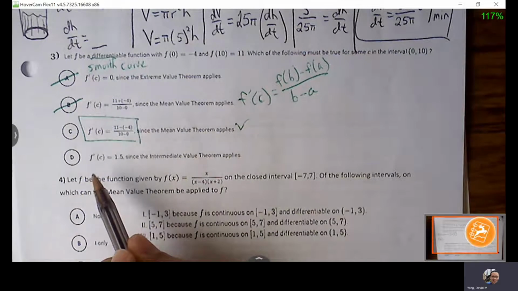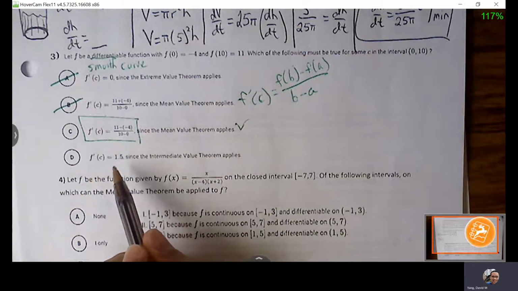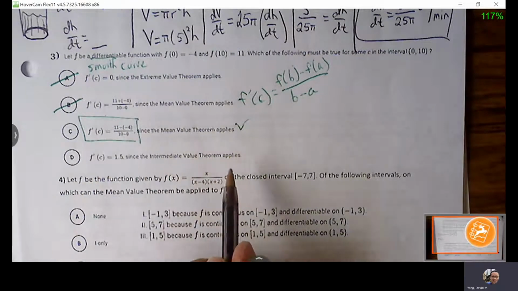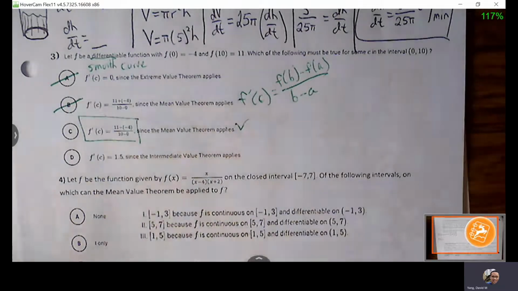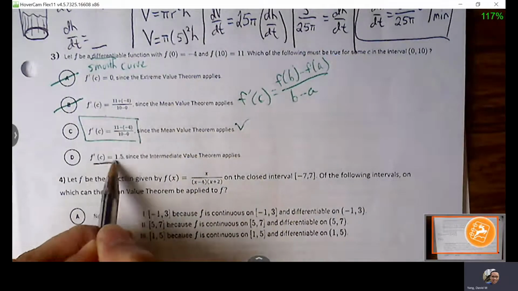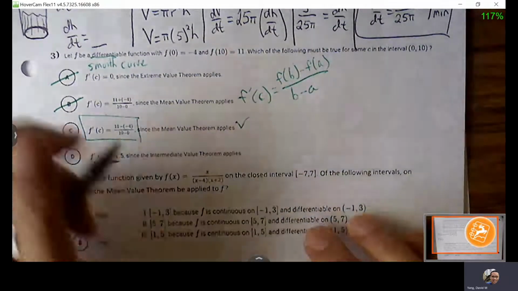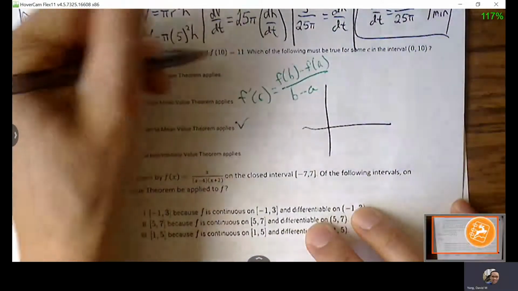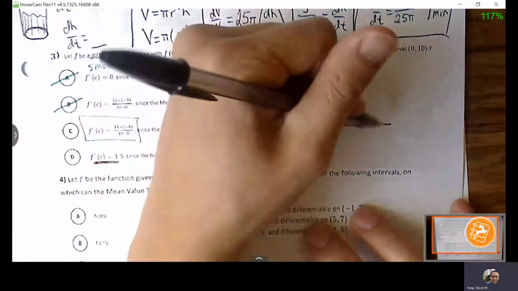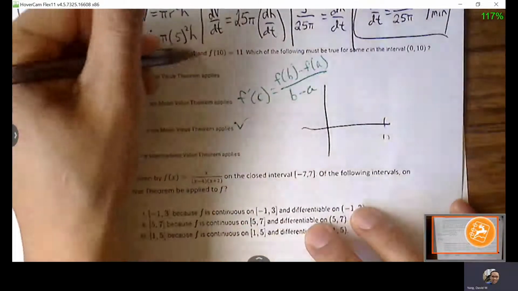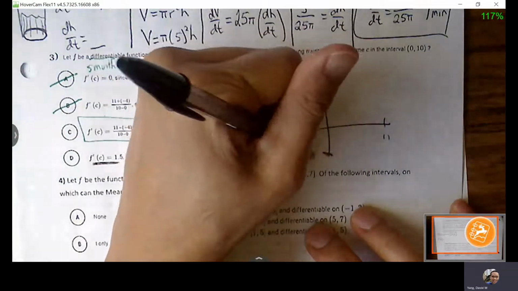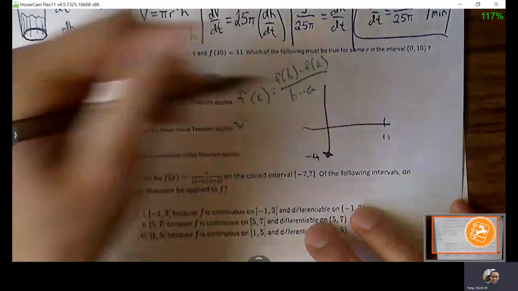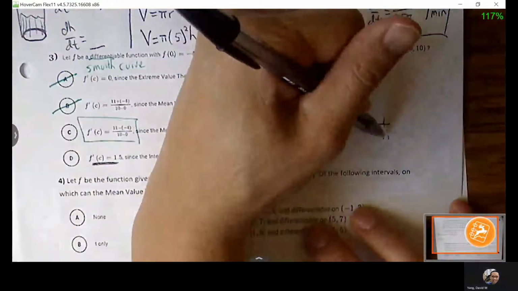Okay, let me talk about why D is incorrect. It says IVT applies. Now, IVT doesn't give us anything about the derivative. What it does is that it tells us between 0 and 11, you see the endpoints as ordered pairs 0, -4, and 10, 11.